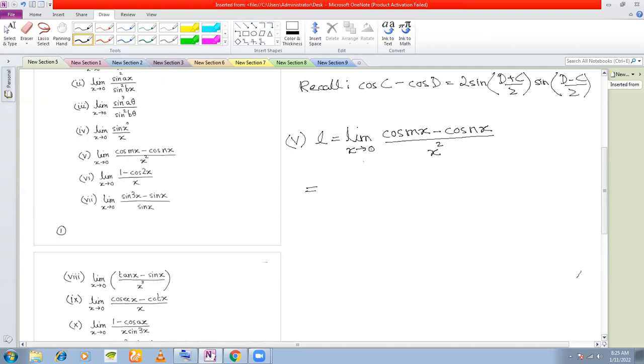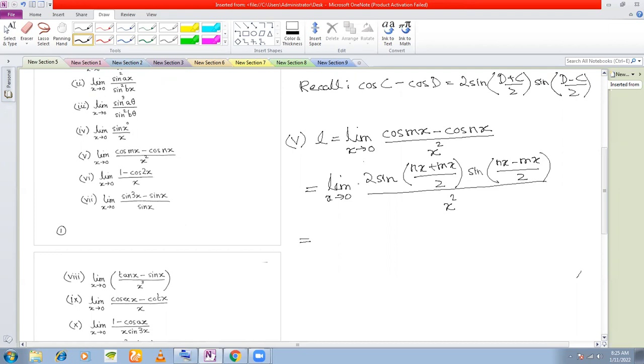So we are going to change this difference in the numerator to a product. So we have limit x tends to 0, 2 sin d plus c, nx plus mx by 2 into sin nx minus mx by 2 whole divided by x square.